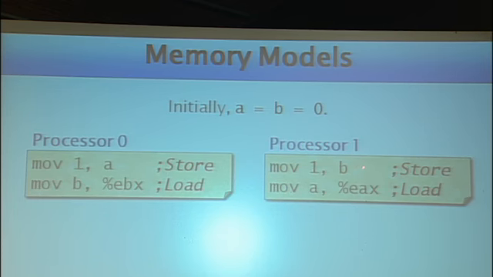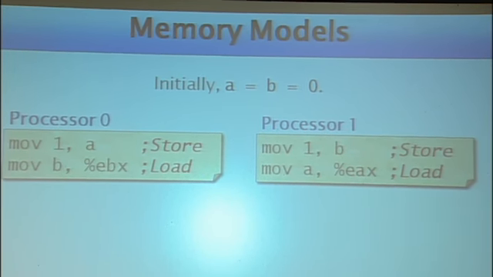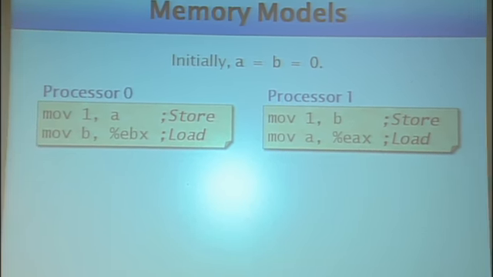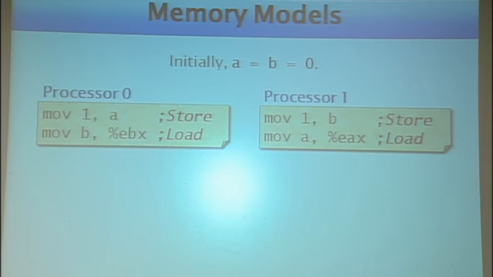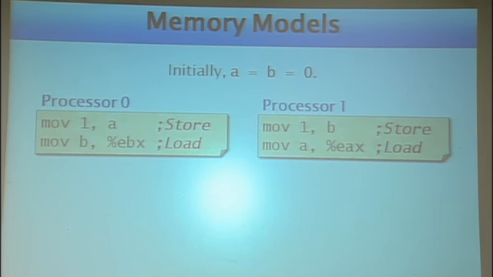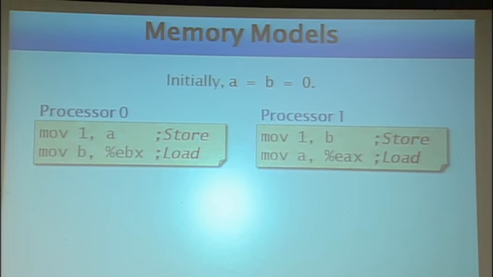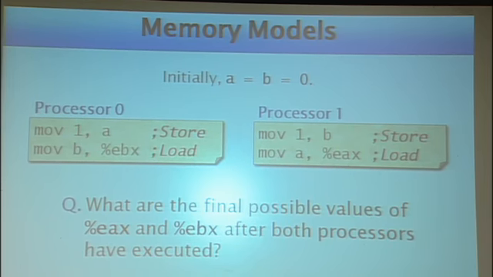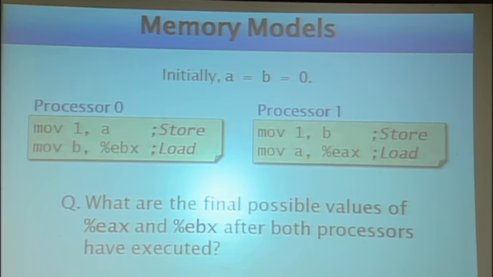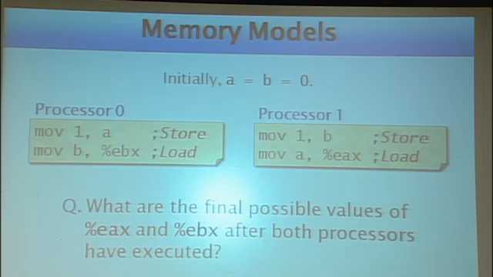It moves a 1 into B, and then it moves whatever is in A into the EAX register, as opposed to the EBX register. And the question is, what are the final possible values of EAX and EBX after both processors have executed?